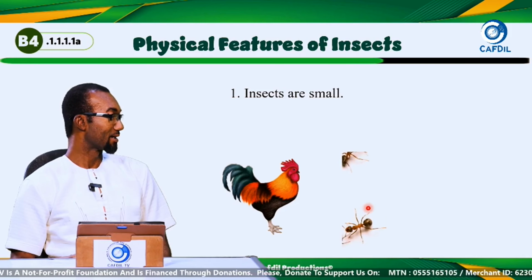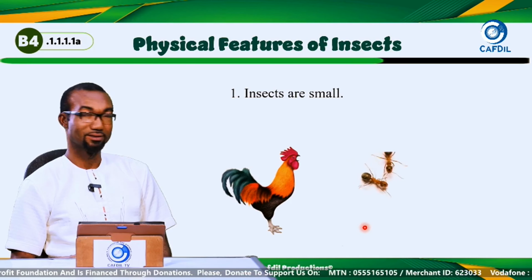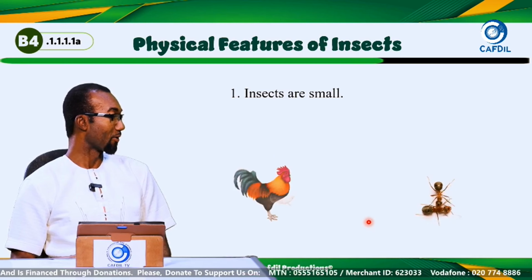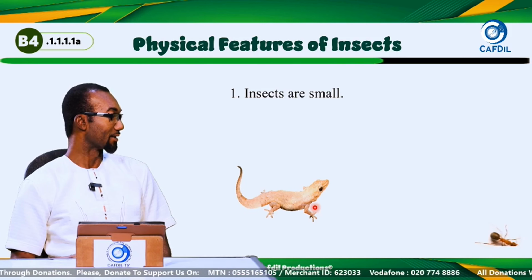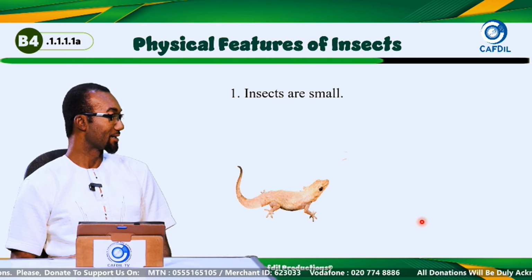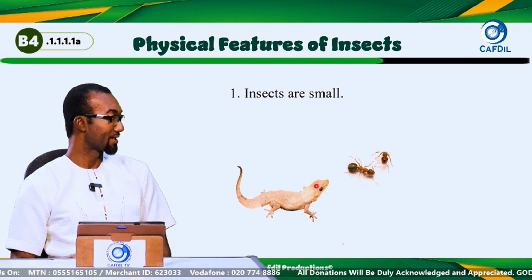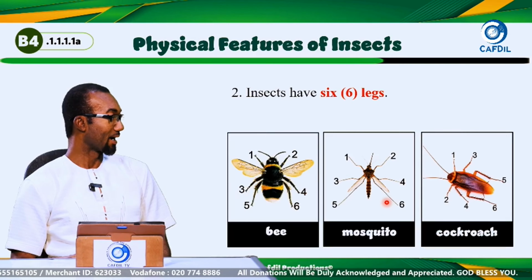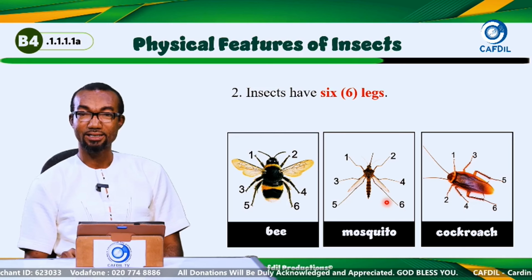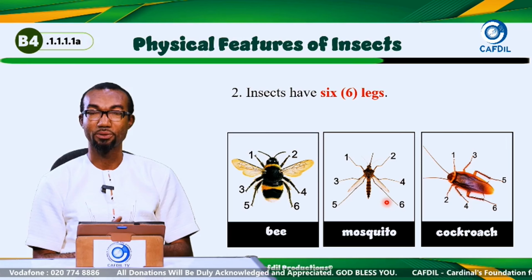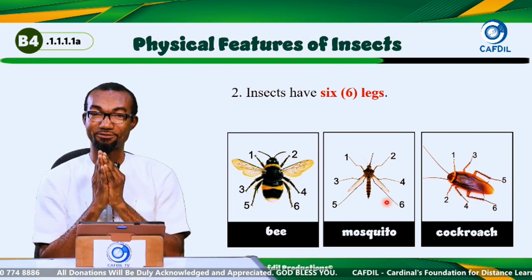Look at the size and then the size of the ant. So still this ant is small. Let's look at this lizard and then the ant here. You see that still the lizard is bigger than the ant. So insects are small. So when we talk about insects, they are small. That is the first feature.